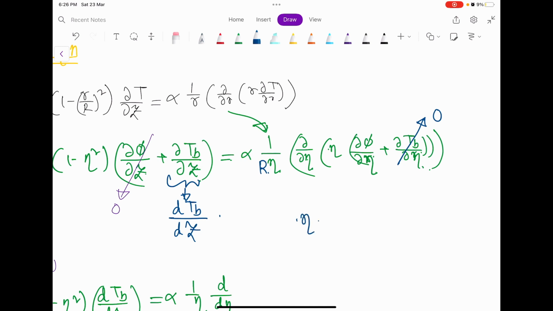Because eta is equal to r by R, so dr is equal to R into d eta, also r equal to eta into R. So for every d eta and every eta, I have to multiply one R.